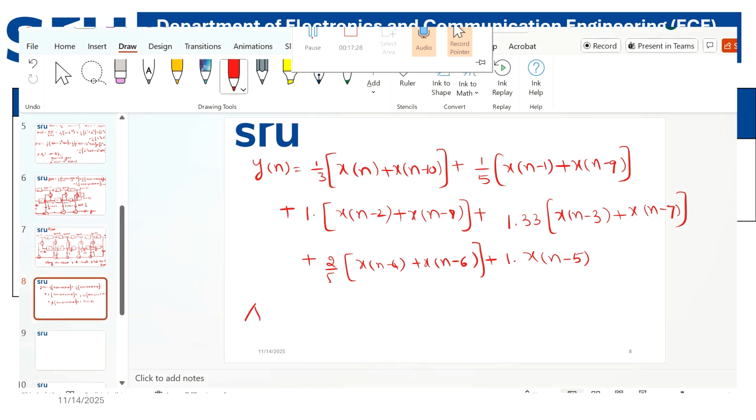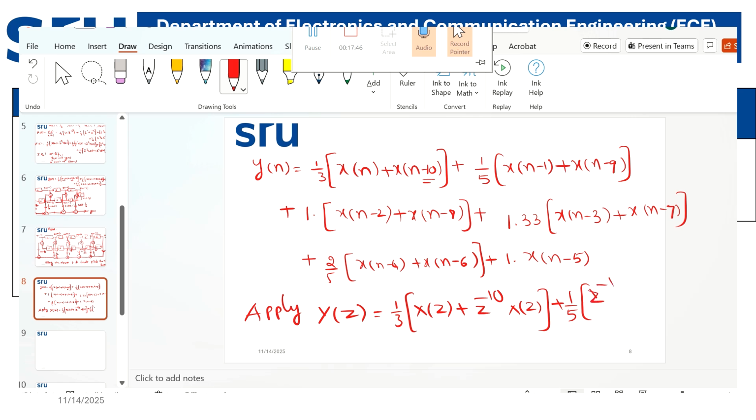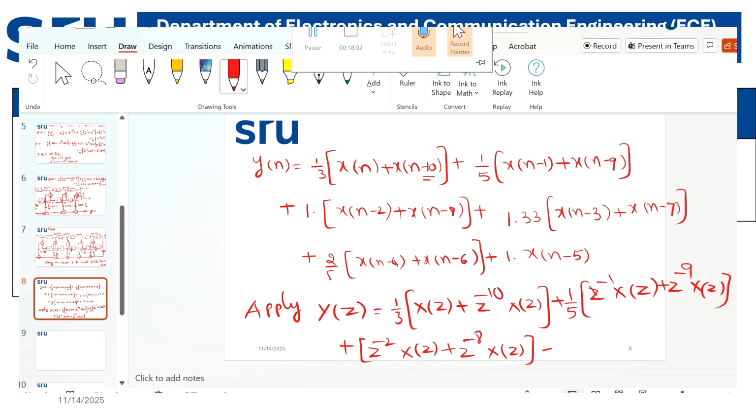Next is apply the Z transformation on both sides. If I apply, y of n becomes y of z, 1 by 3 x of z plus z power minus 10 into x of z, because the delay is minus 10, plus 1 by 5 into z power minus 1 into x of z, z power minus 9 into x of z, plus z power minus 2 into x of z, plus z power minus 8 into x of z, and plus 1.33 into z power minus 3 into x of z, plus z power minus 7 into x of z.